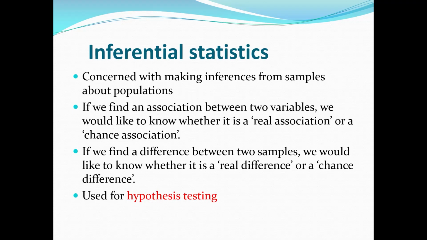There is an association between the variables: alternate hypothesis. And how do you test the hypothesis? We have to use inferential statistics. So this is the starting point of data analysis, the most commonly used data analysis, hypothesis testing. This is what we are going to study.